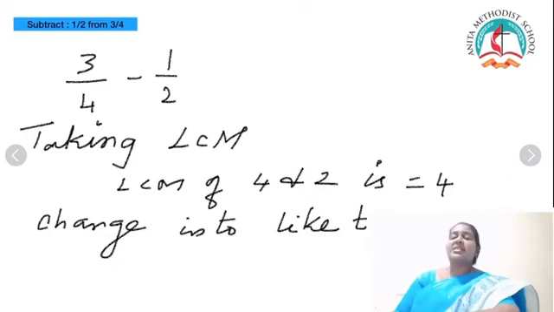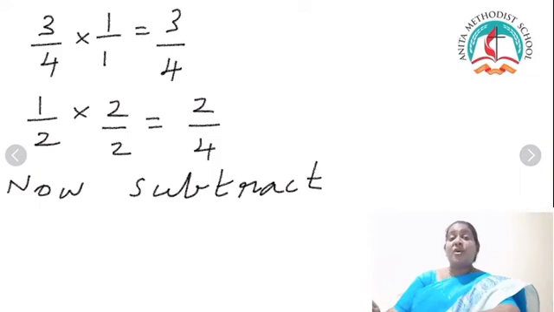So, change into like terms. When we change into like terms, what do you get? For 3 by 4, the denominator is 4. What number do you multiply? Nothing to multiply, it's a 1. So we get 3 by 4. But see 1 by 2, what to do? You have to multiply the 2 in the denominator by 2.